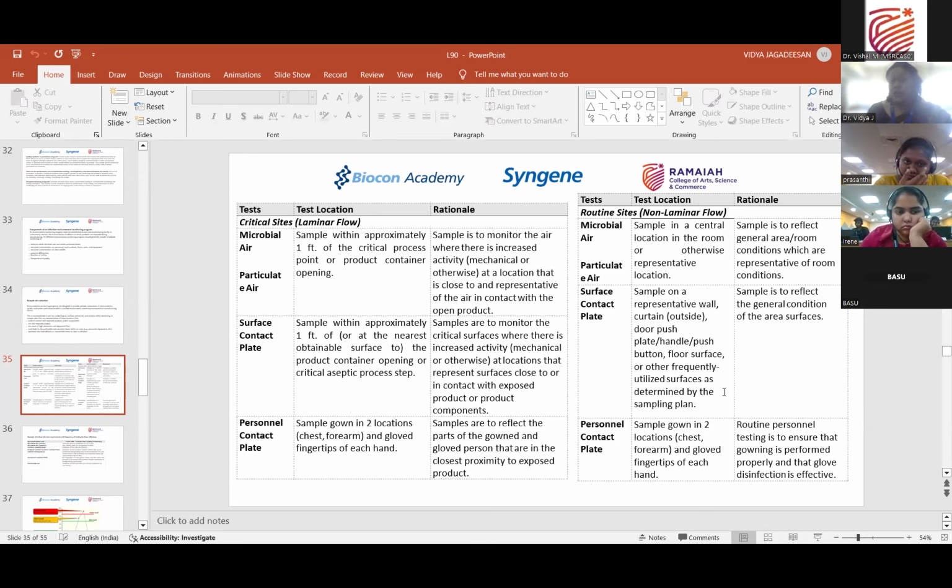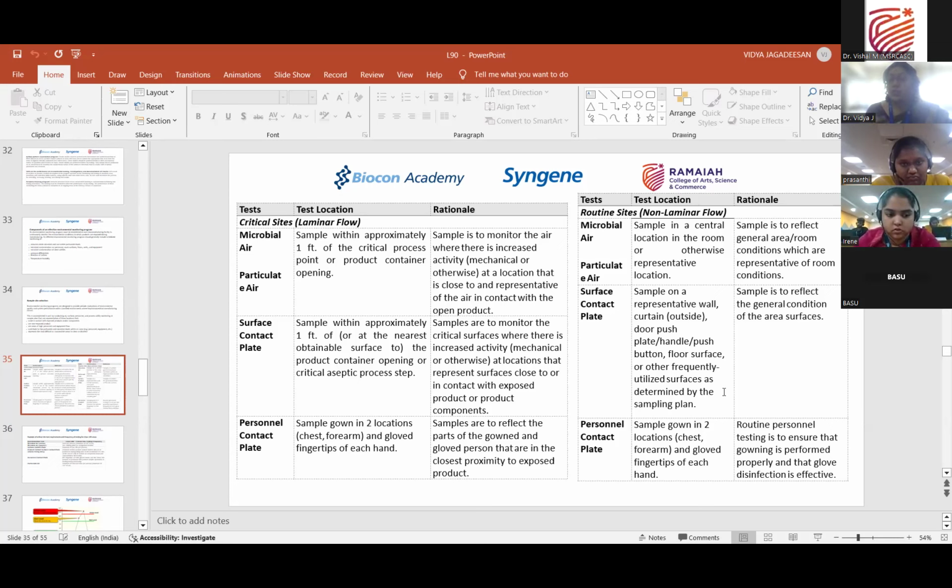Okay, and then the area where you wear your gowns, basically your forearm, your chest area, your gloved fingertip. All these areas have to be checked frequently for contamination.